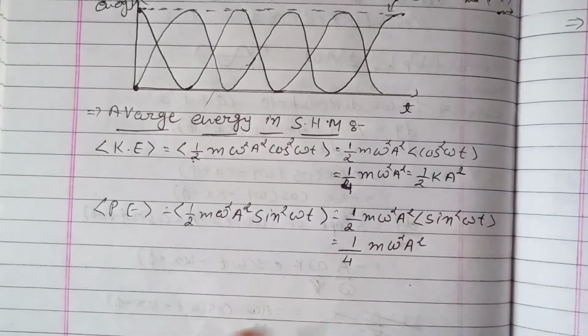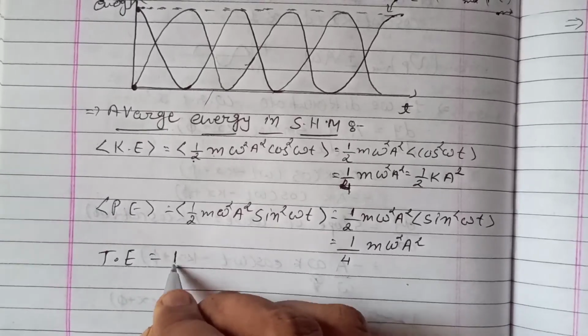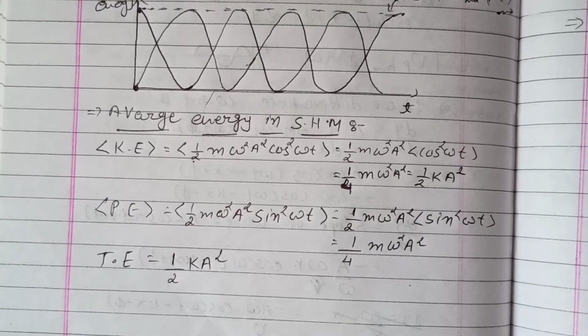The summation of these is called the total energy, and it is also 1/2 k a square. So this is the average energy in simple harmonic motion.